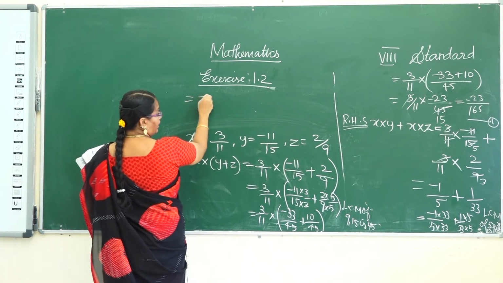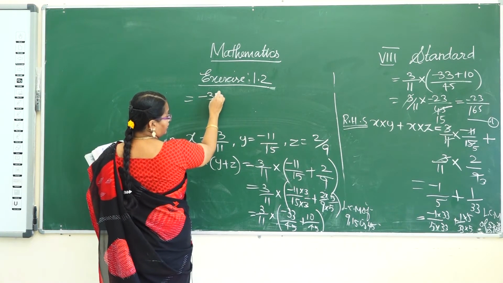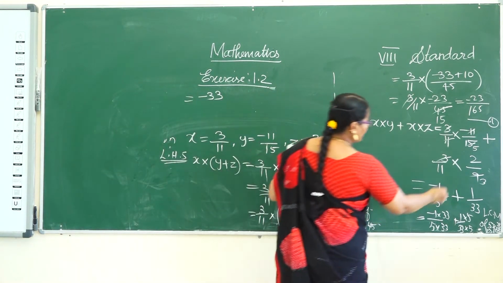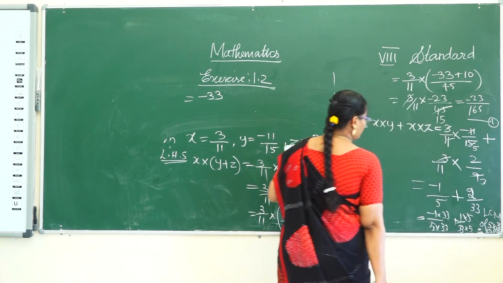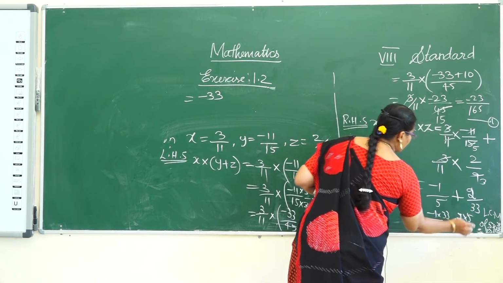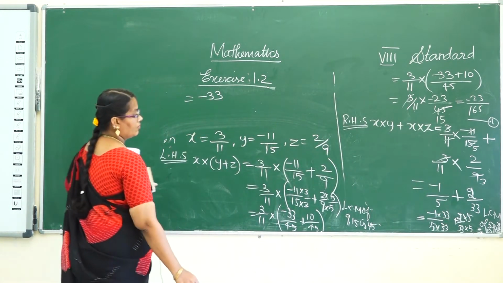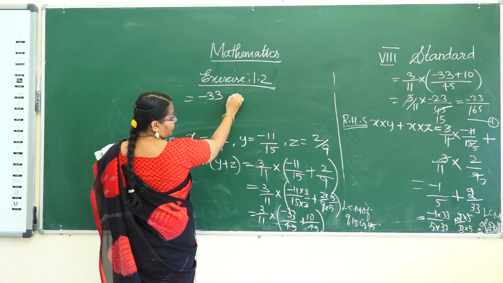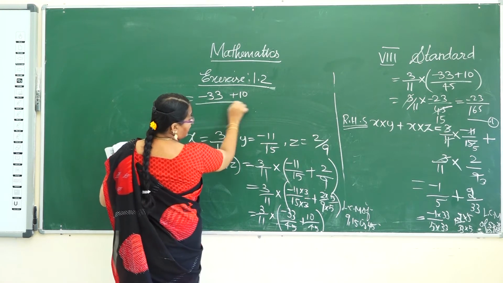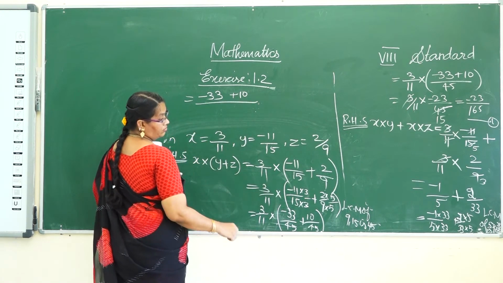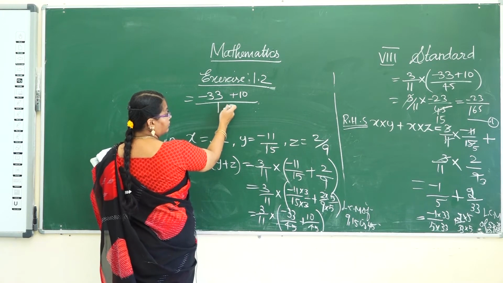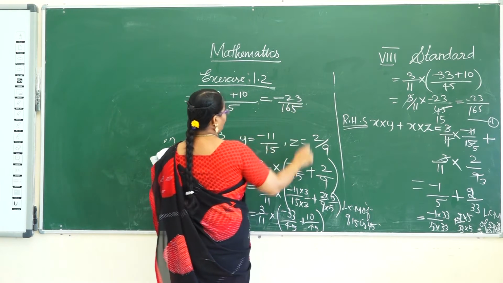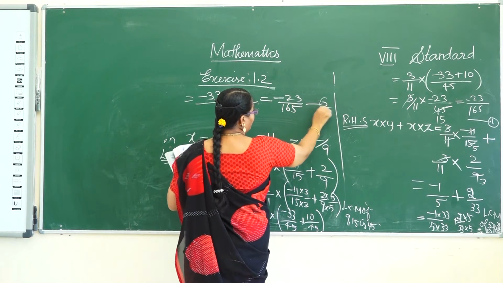Now write minus 33. Here 2 is there, here also 2. So minus 33 plus 10 divided by 165. So equation number 2.